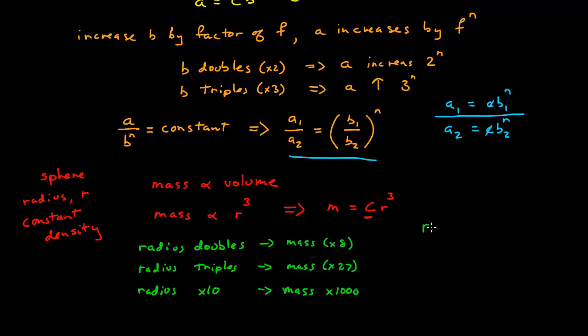So let's just say if we had a radius equal to 0.1 meters and a mass of 3 kilograms, if we increase the radius then to 1 meter, that's by a factor of 10, then our mass, so here, if this is R1, then if R2 is equal to 1 meter, then our mass 2 is 3,000 kilograms.